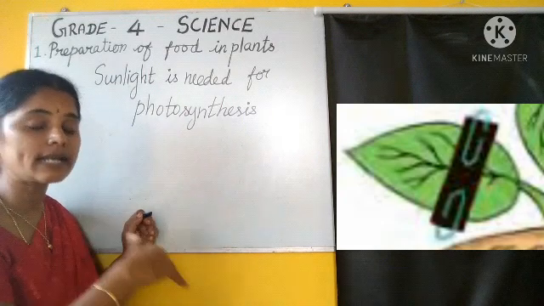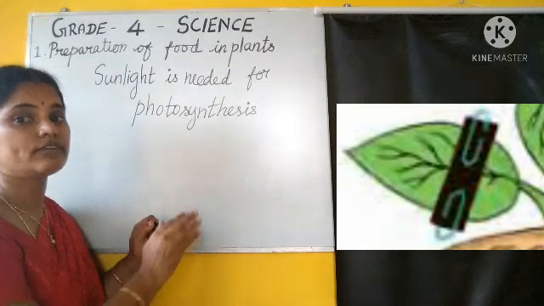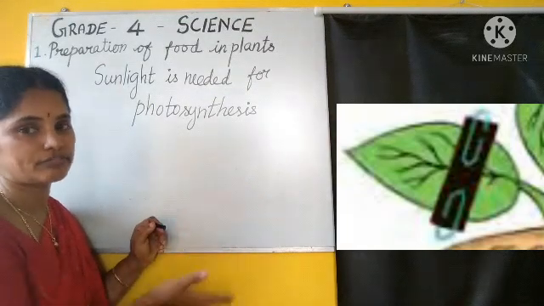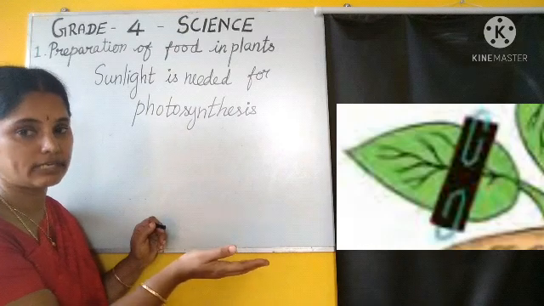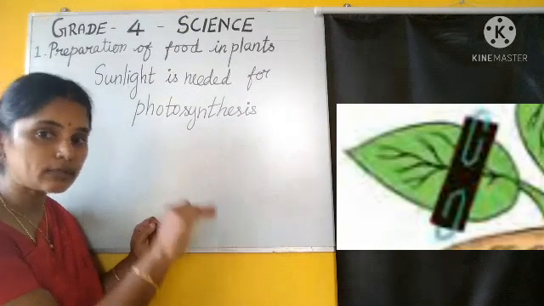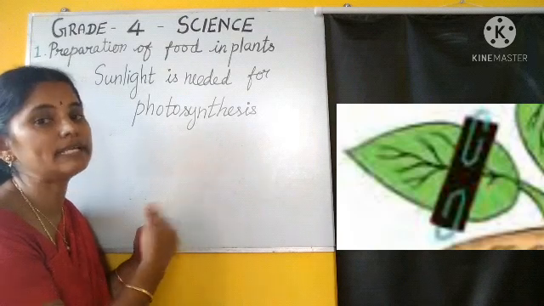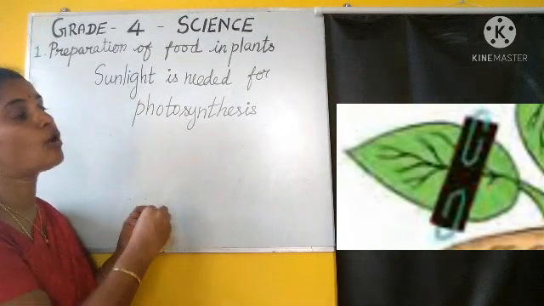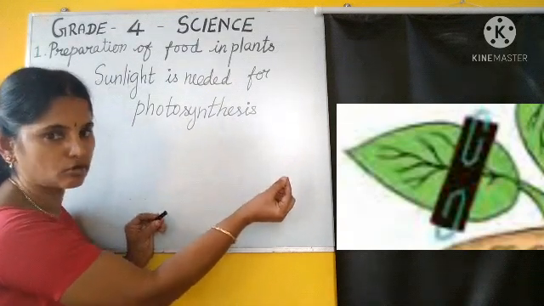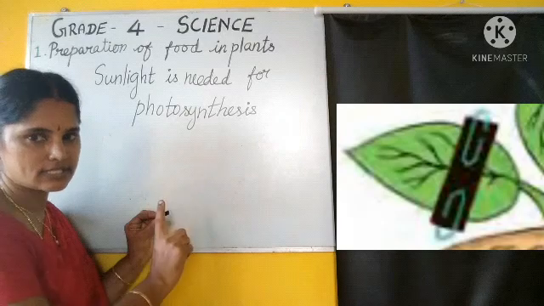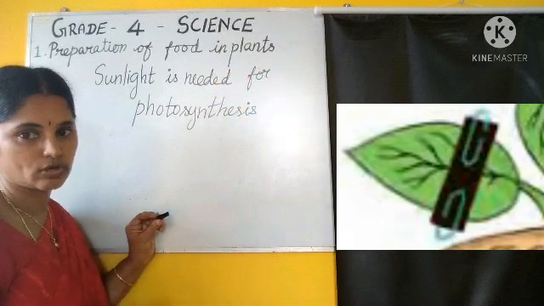For the clarity of our result, we are going to remove the green color from the leaf. We call that process bleaching. What is the process name? Bleaching. We plucked that covered leaf from the pot, no? So the first step, what we have to do? We have to boil the leaf.